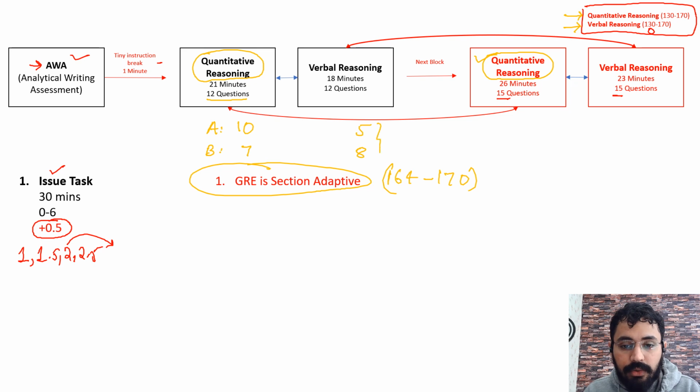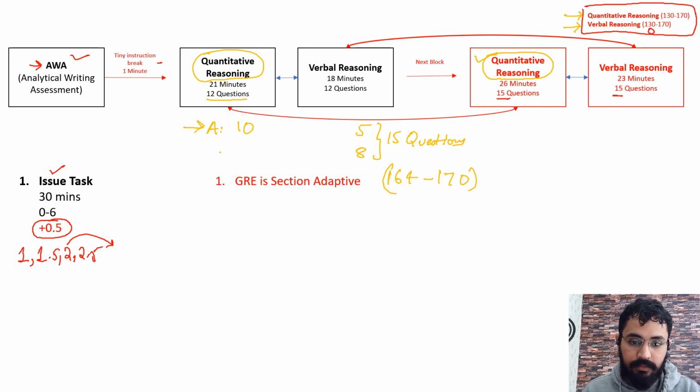Now if you look at the total of them, both have correctly answered 15 questions overall on quant, but the score of student A would most probably be a point or two higher, right? Again, why?